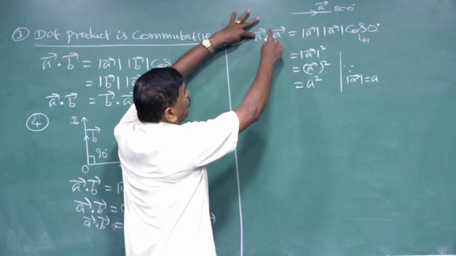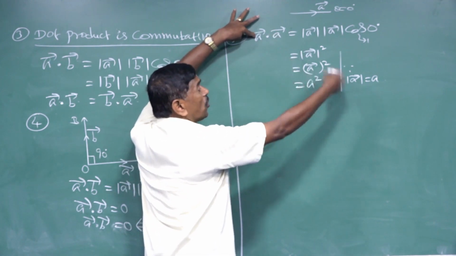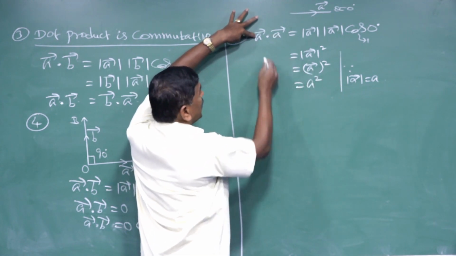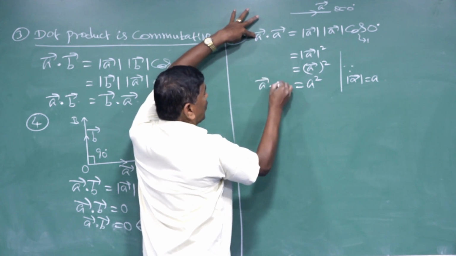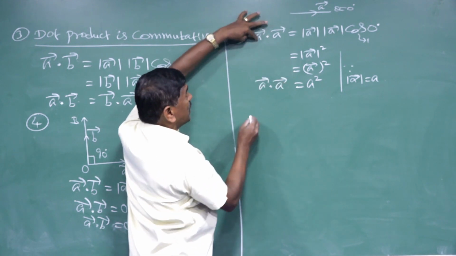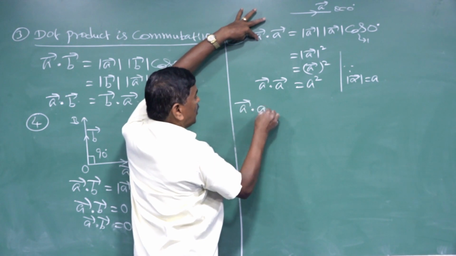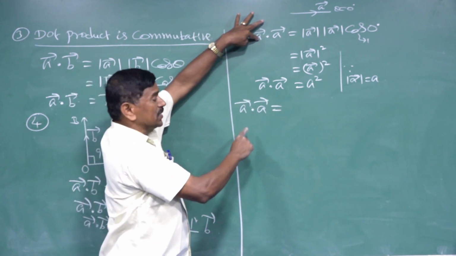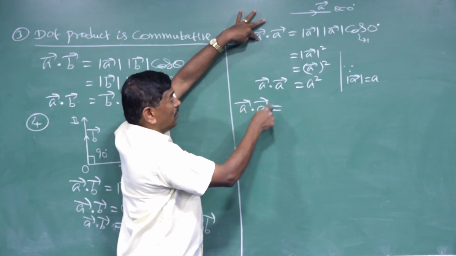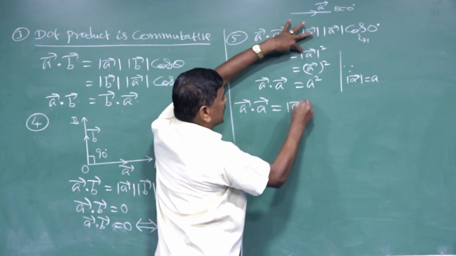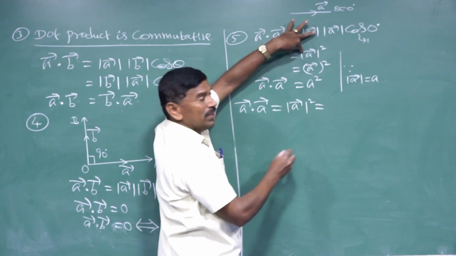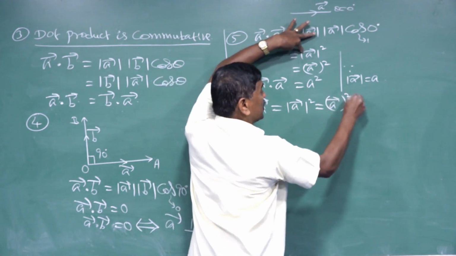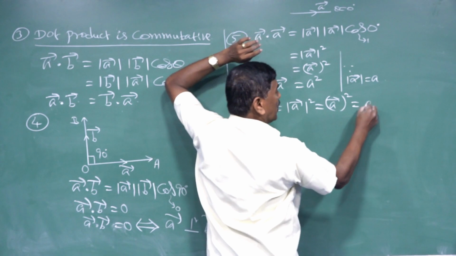So now write 1, 2, 3, 4. All these four are equal. Now write its left hand side, A vector dot A vector. Now the conclusion: can you tell me what is A vector dot A vector? Yes. A vector dot A vector is equal to modulus A vector square, is equal to A vector the whole square, is equal to A square.